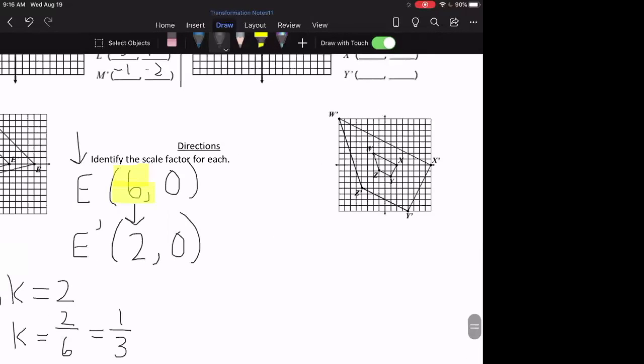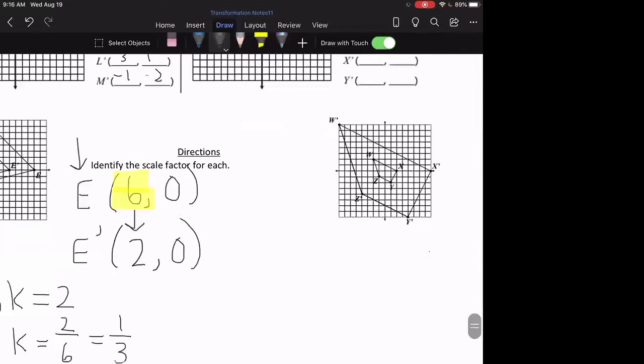I'm going to do the same for this one. We'll look at one point, and I'm going to look at W and W prime. Our pre-image point W is -2, 2, and our new point for our new figure is -10, 10.